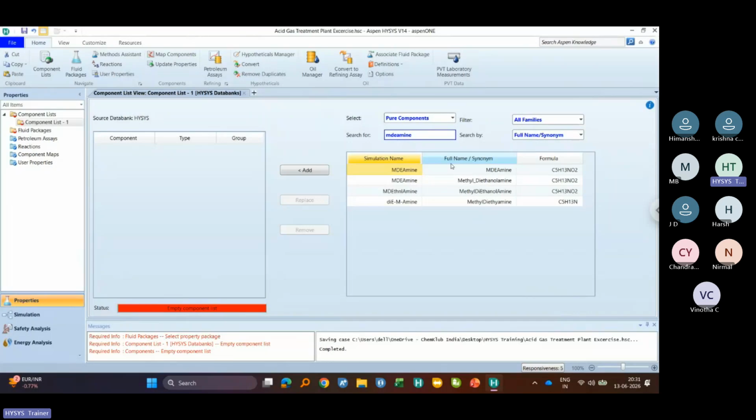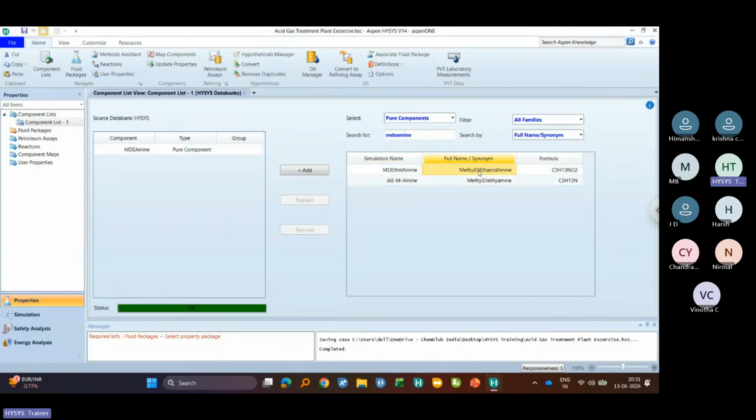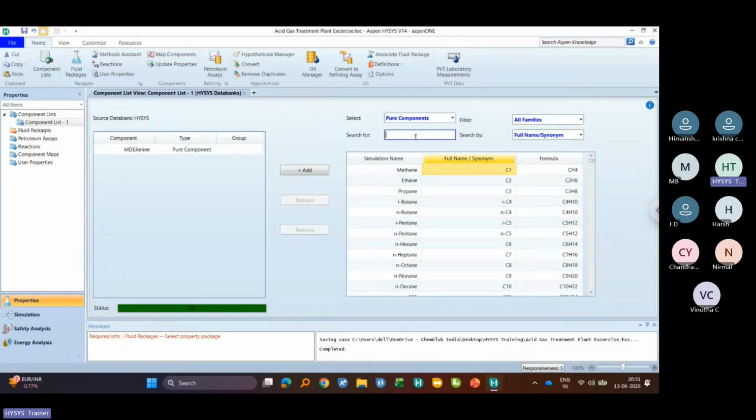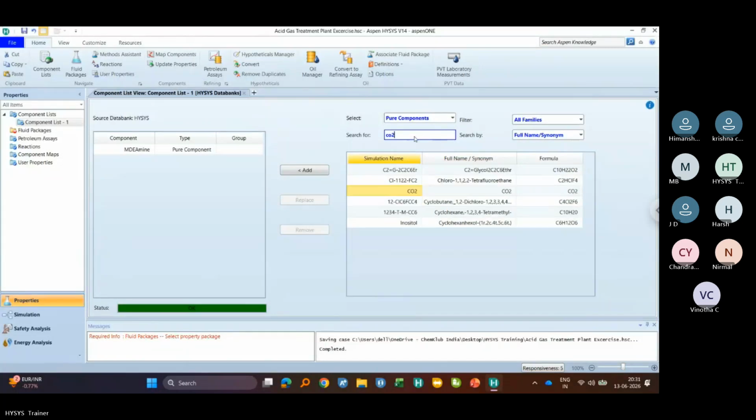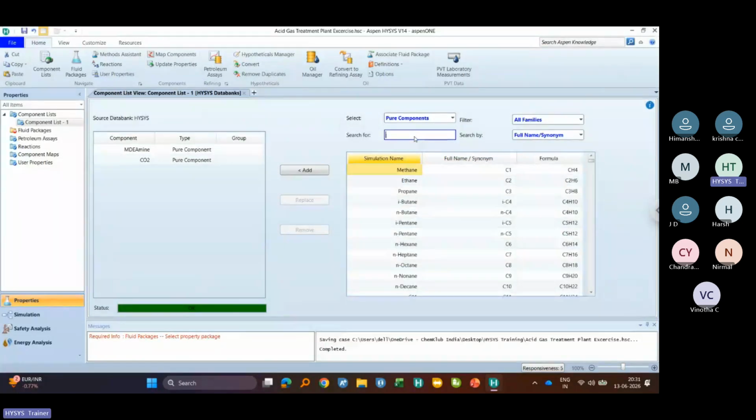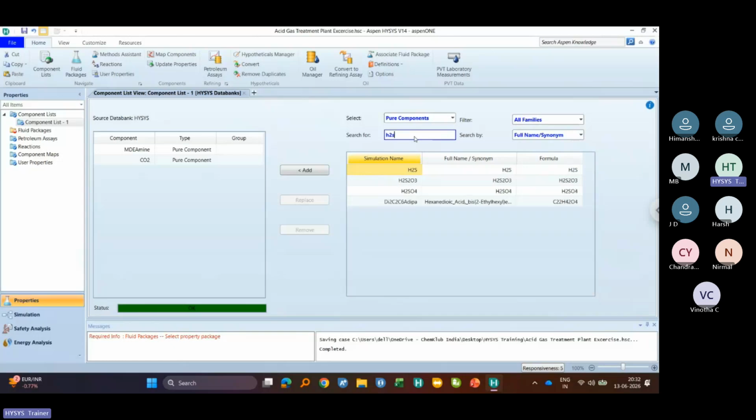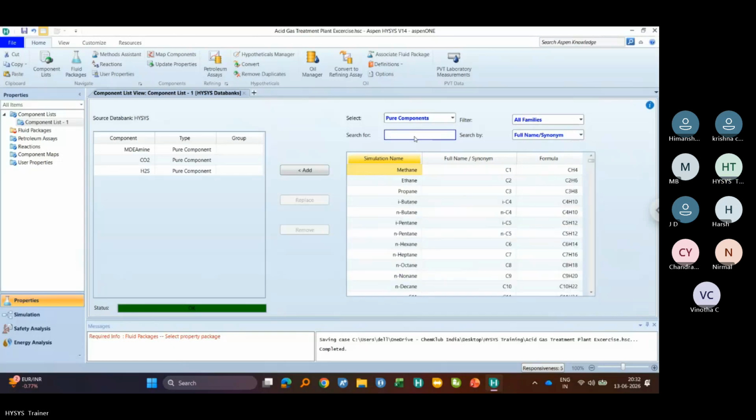This is the MDEA amine which I'm going to select. Then the second component is CO2, so I will select this one. Then H2S, that is hydrogen sulfide. Then we have H2O, that is water.